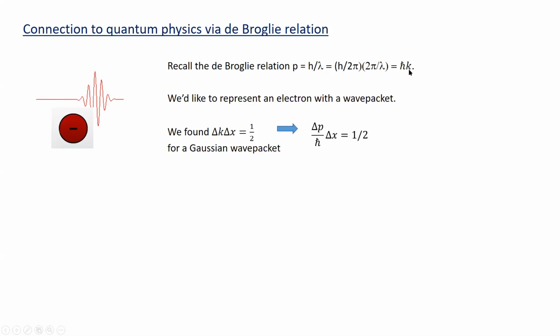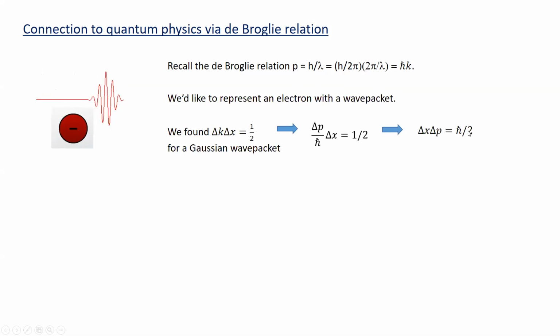Since p is h bar k, dividing by h bar, we get k is p over h bar. So delta k would be delta p over h bar. Delta x is equal to 1/2, or multiplying through by h bar, we get delta x delta p is equal to h bar over 2.